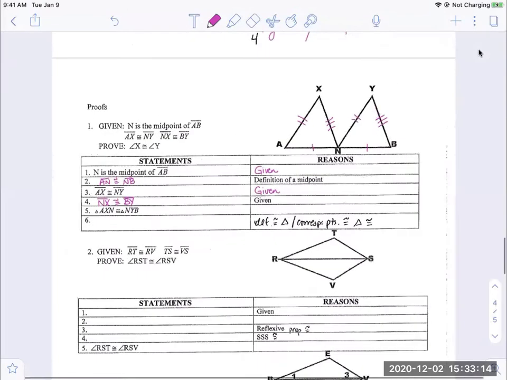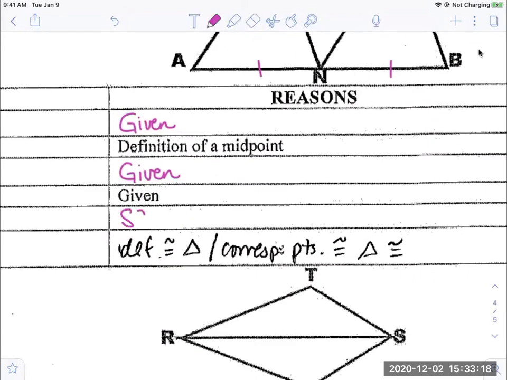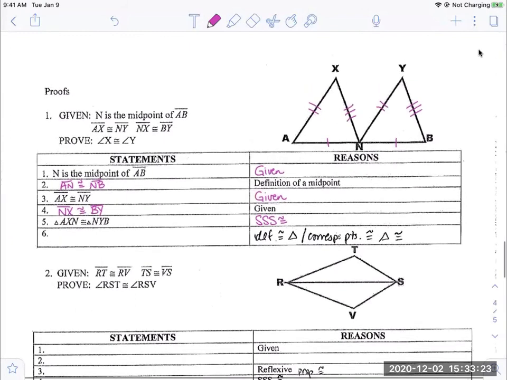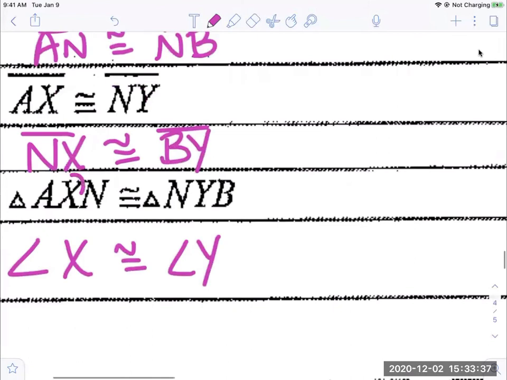Mark that on the picture. Then you should be able to see on the picture, the triangles are congruent by side, side, side congruence. Okay, and then again, once you prove the triangles are congruent, then you can say the pieces are congruent by definition of congruent triangles. So angle X is congruent to angle Y because they're in the same position in the two triangles. Like the triangles are congruent, so all the parts are congruent.